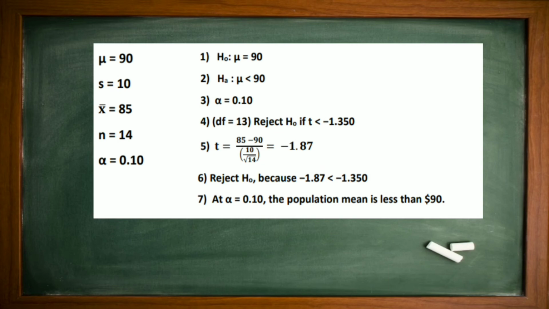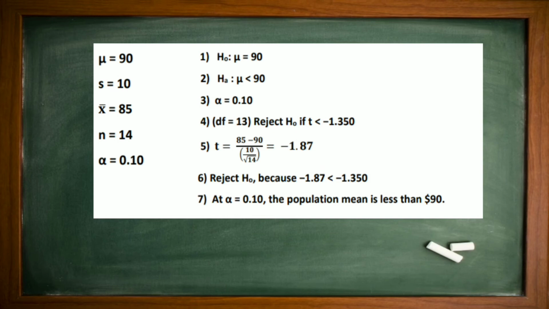Okay, so proceed po tayo sa step 1. State the null hypothesis. Ayan po, meron po tayong 90. So, H0 colon, our population mean is equal to 90. And then, step 2, state the alternative hypothesis.